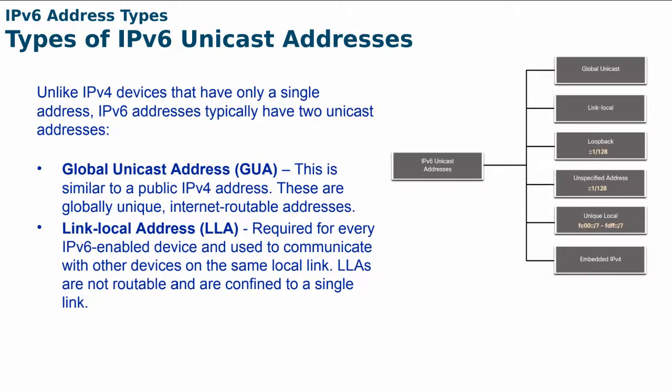Then we have the link local address, LLA. It is required for every IP version 6 enabled device and used to communicate with other devices on the same local link. This is not routable. It's private. It's only local, a link local address for the devices inside the same network to communicate with each other. It will not go to the router.